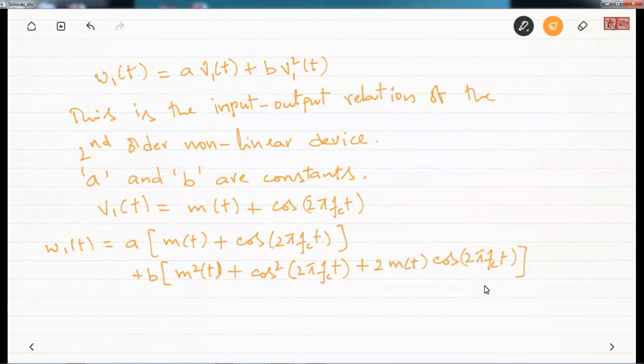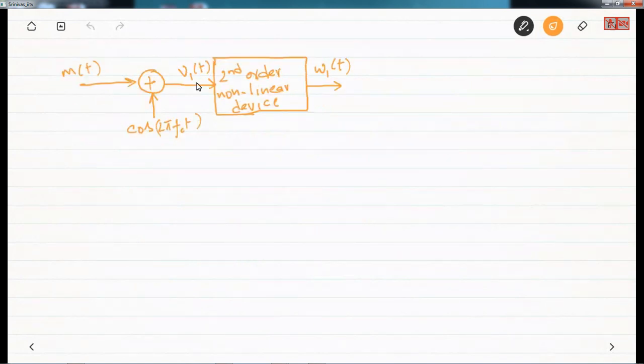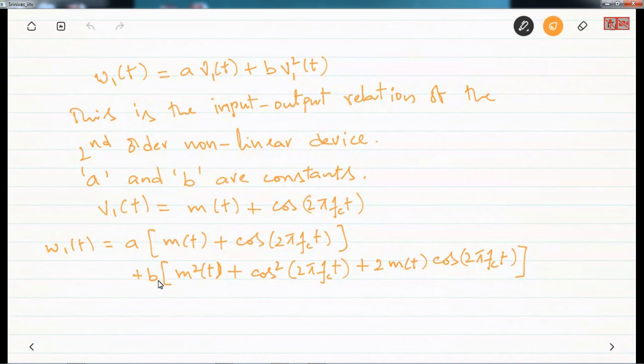Is that right? Because look at this. My V1 of t is m of t plus cos 2 pi f ct. So that's why my W1 of t is A into V1 of t plus B into V1 square of t. So this is A into V1 of t plus B into V1 square of t, right? Okay.